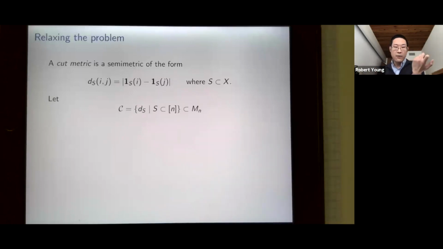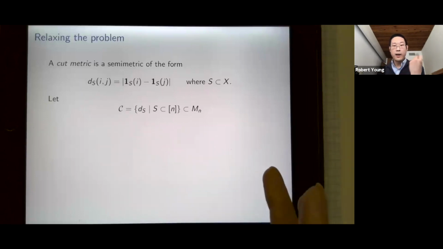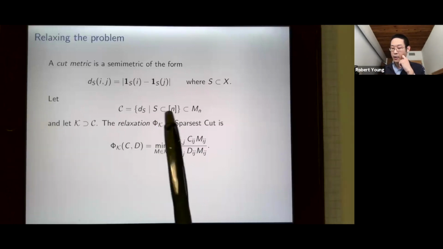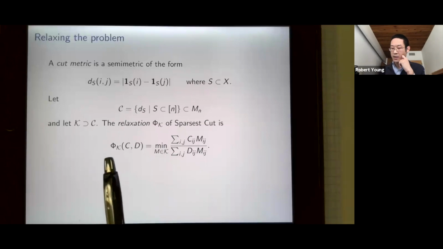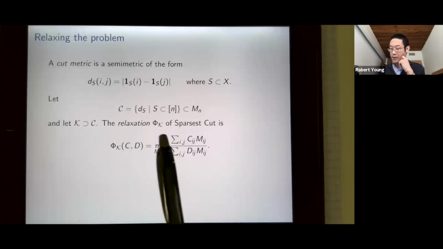We can think of this as a subset of the n by n matrices, let's call it C. And then if I have some set of n by n matrices, which I call K, I can define a corresponding relaxation, which is I minimize the sparsity over elements of K.